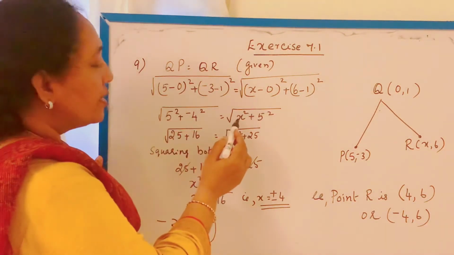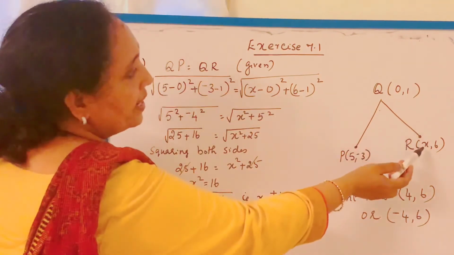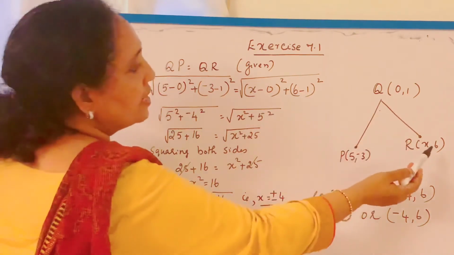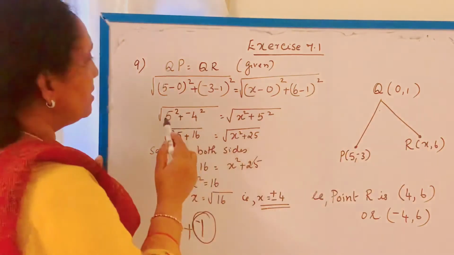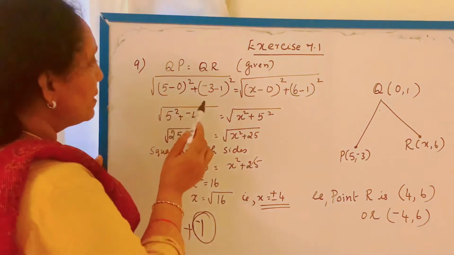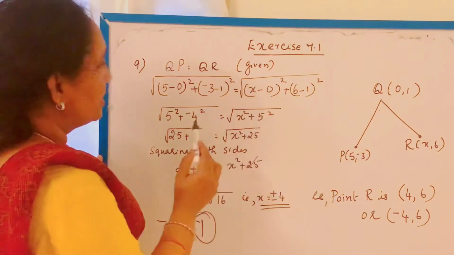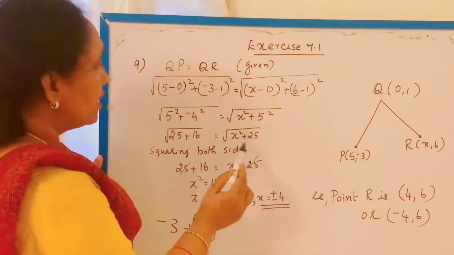Plus root of this is x minus 0, here x2 minus x1, that means x minus 0 the whole square plus 6 minus 1 the whole square. That means you will get root of 5 square plus negative 4 square is equal to root of x square plus 5 square. 25 plus 16 is equal to x square plus 25.